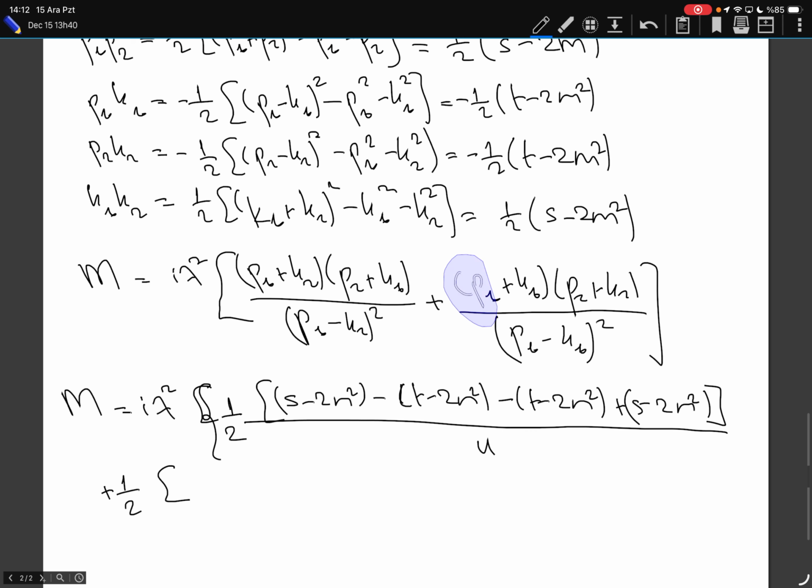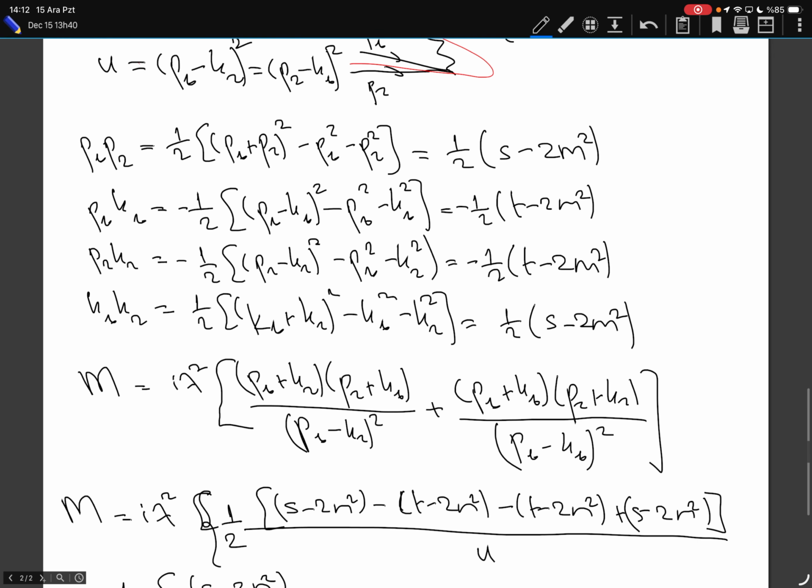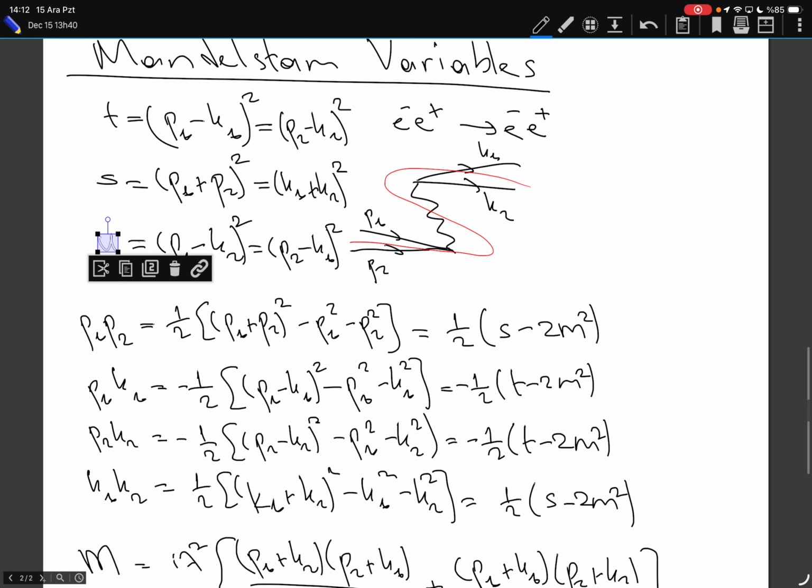I have P1 times P2, that is S minus 2M squared. P1 times K2, okay, I hadn't calculated that, but P1 times K2 will come from U. So there is a minus sign, it will be minus 1 over 2 times U minus blah, blah, blah.